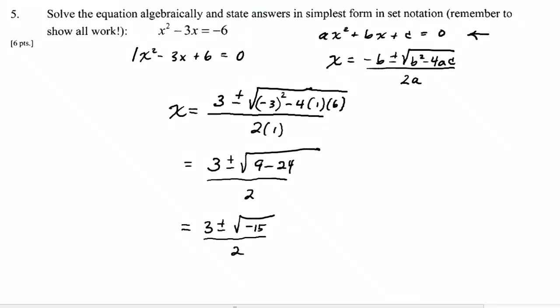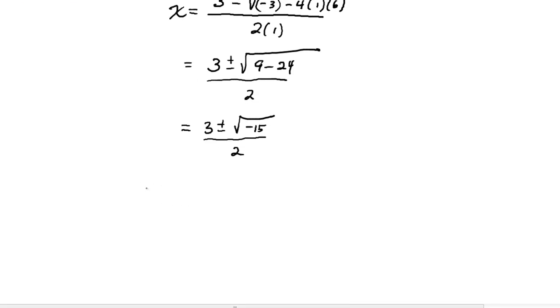So the 2 answers we will have in set notation will be 3 over 2 plus the square root of 15 over 2i, comma, 3 over 2 minus the square root of 15 over 2i. And that will be our solution set.